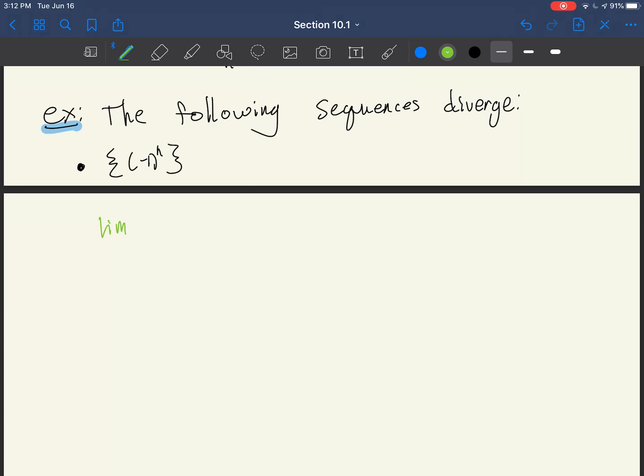This diverges because the limit as n goes to infinity of the absolute value of (-1)^n does not equal 0. Exactly as I was saying before, go along even values of n, you get 1. Go along odd values of n, you get -1. Those don't agree, so this does not converge.